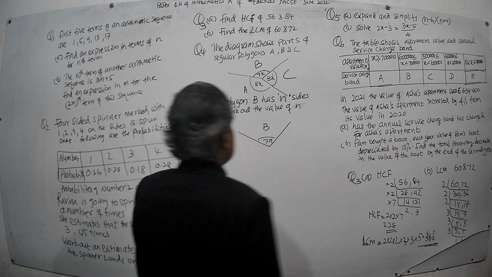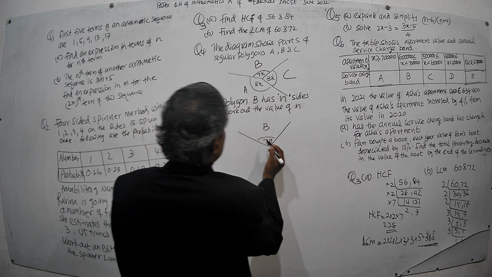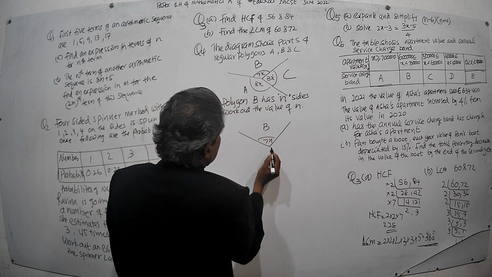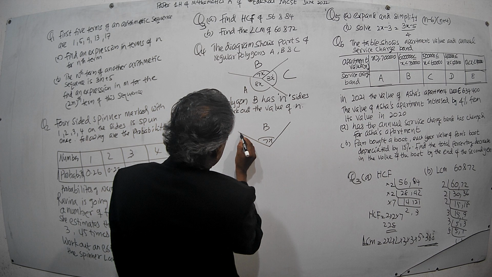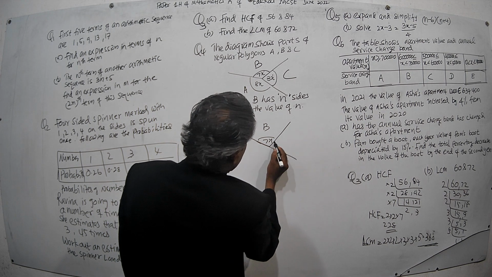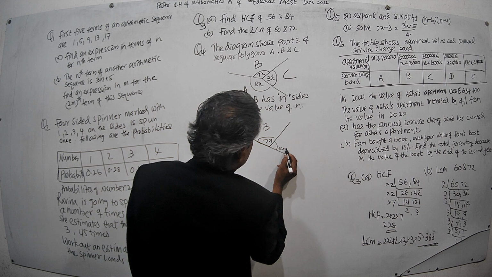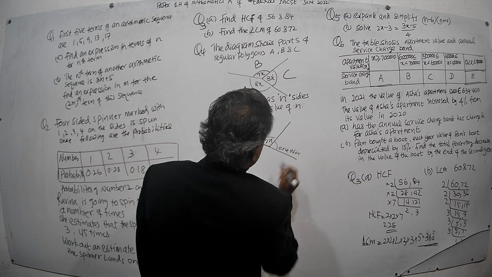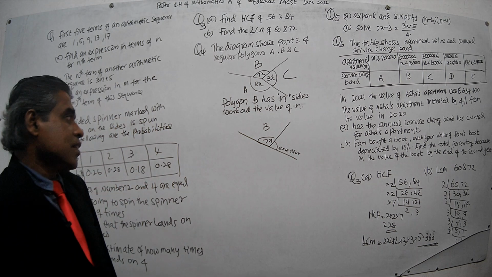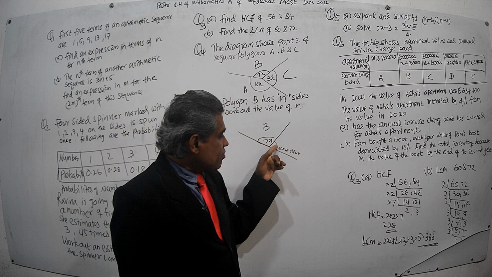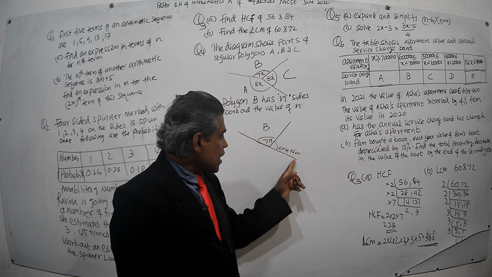This angle is the interior angle of regular polygon B. If you draw an exterior angle to this one, and you know this angle, you can find the exterior angle. Why? These are angles on a straight line.